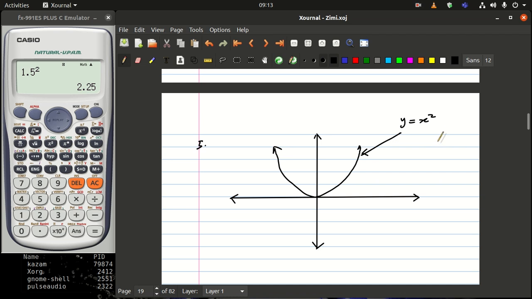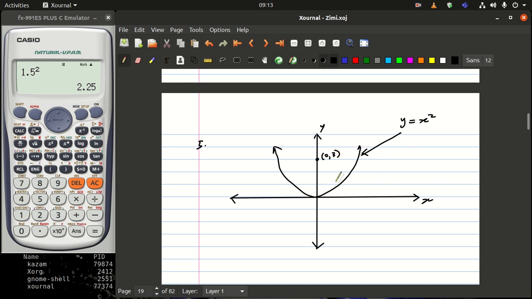So the question is, there is a point here. We want to find a point on this parabola that is closest to the point 0.3. So we have x, we have y. So our x is somewhere, x is 0, so we are here, and y is 3, 1, 2, 3, so we are here. So this point is 0.3.